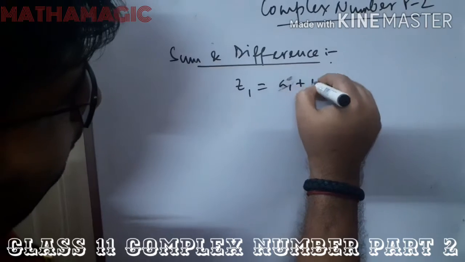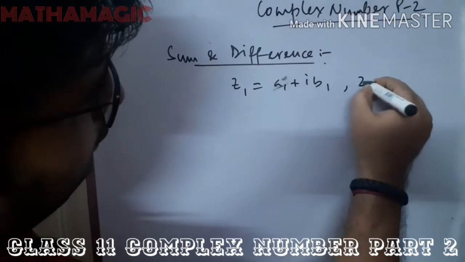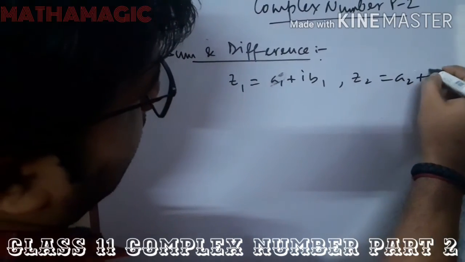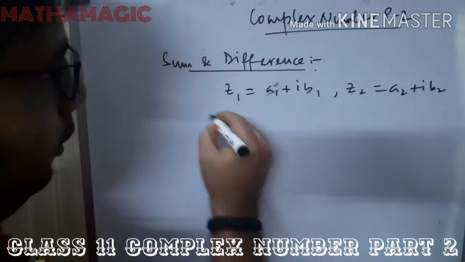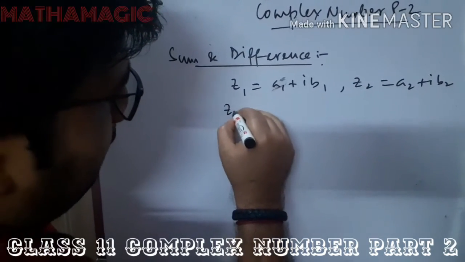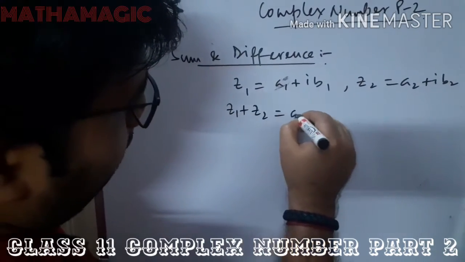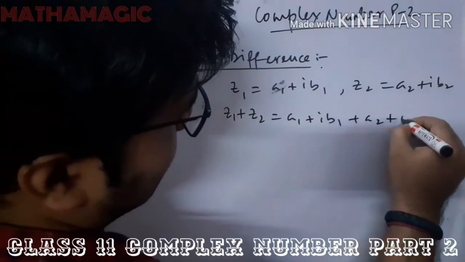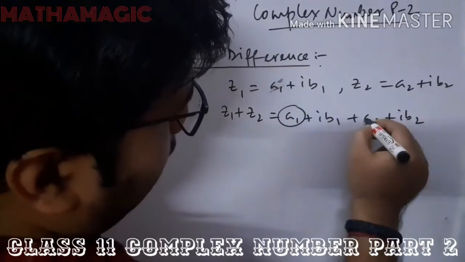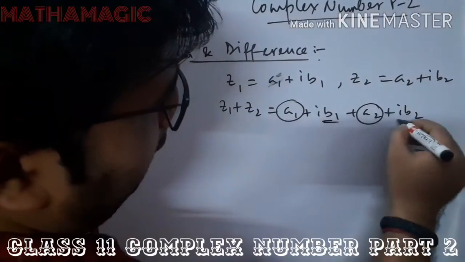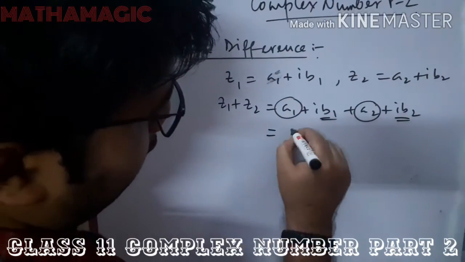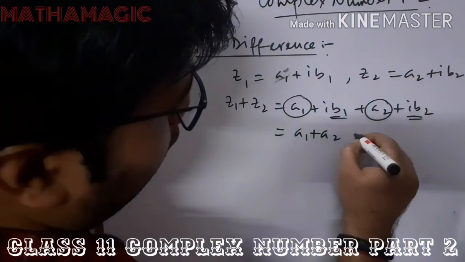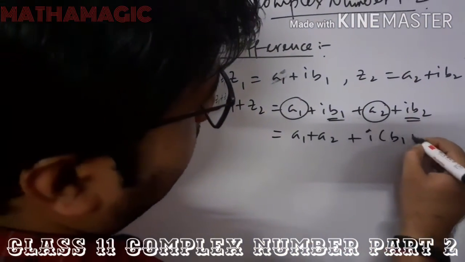Let Z1 be A1 plus IB1 and Z2 be A2 plus IB2. Now, if we add two complex numbers, that is Z1 plus Z2, then it will become A1 plus IB1 plus A2 plus IB2. The real part will be added with the real part and the imaginary part with the imaginary part. So it will become A1 plus A2 plus I into B1 plus B2.